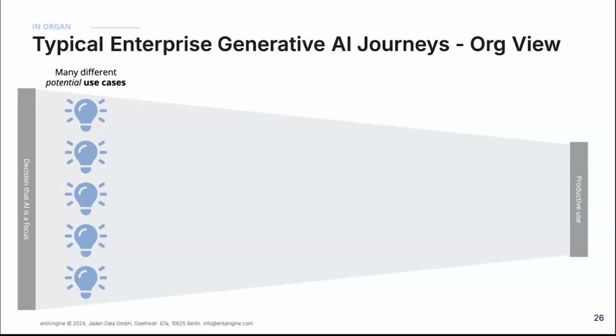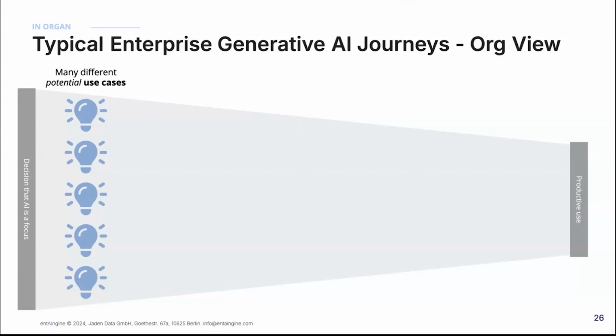What I've seen with typical enterprise generative AI journeys is that there is usually some sort of decision that comes from a higher level in management where someone says, we do stuff with AI now. We saw this ChatGPT thing, can't we use that in our organization? Of course, there's much more behind it than just getting everybody a ChatGPT subscription and calling it a day.